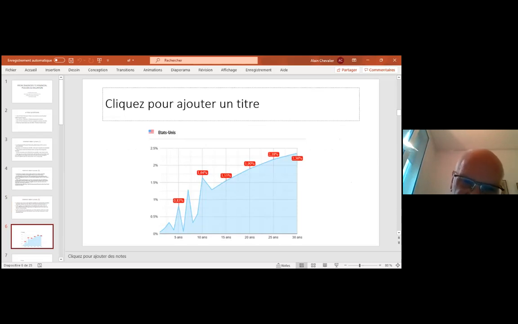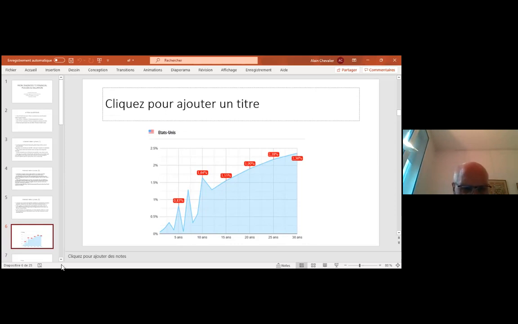There are some funny situations, for example, at 7 or 8 years. But globally, the trend is positive and is moving towards an asymptote around 2.4, 2.5% for long-term issues. So it's quite normal, with volatility, in the medium term.